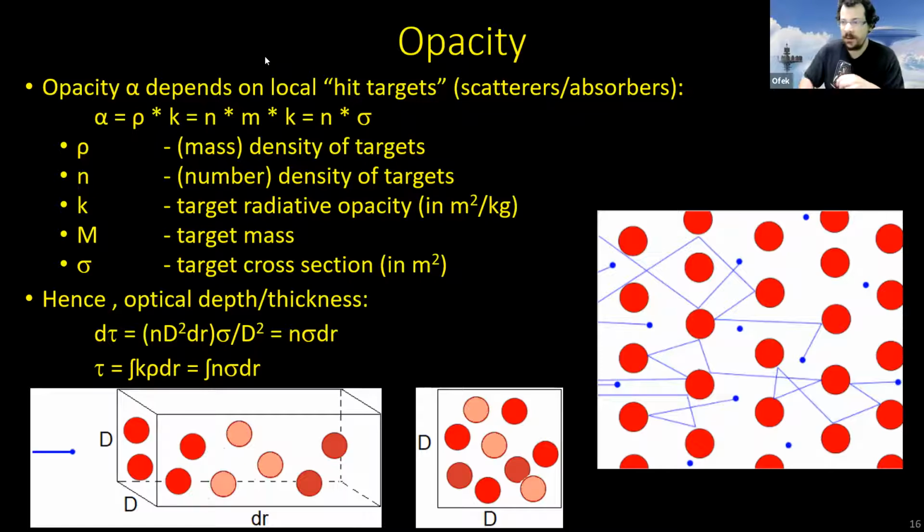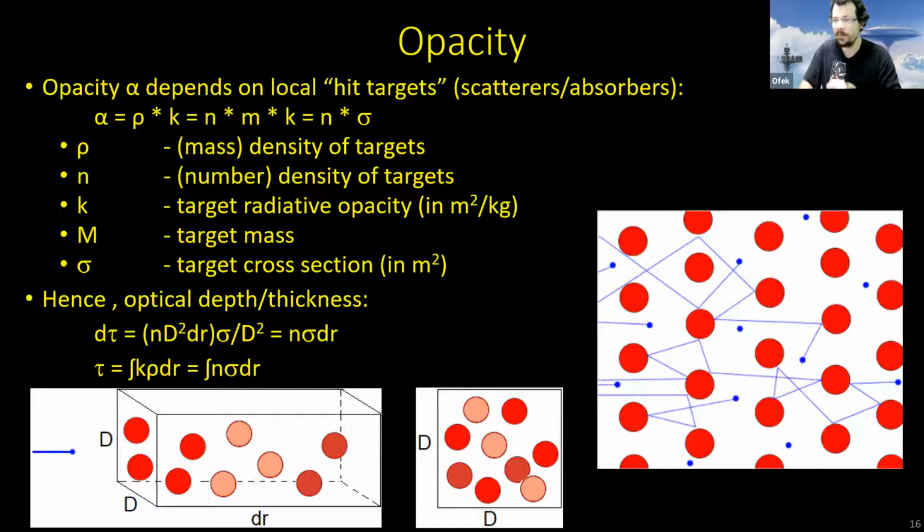What then determines this opacity alpha? So we said it measures the typical distance before a photon hits something. What can it hit? Well, it can either be an absorber or a scatterer, but it will be some other particle or some other thing that can impact it.